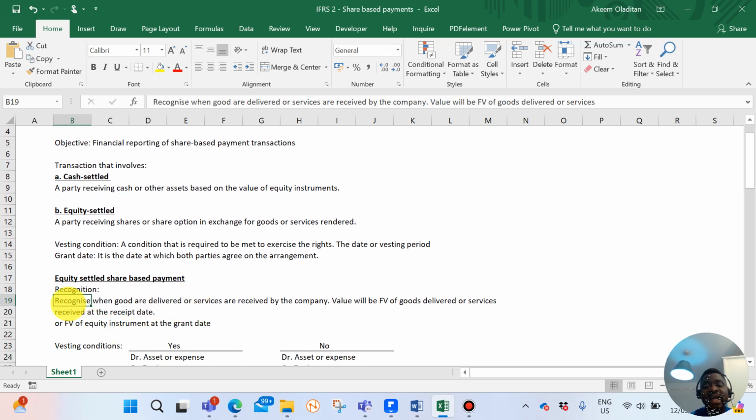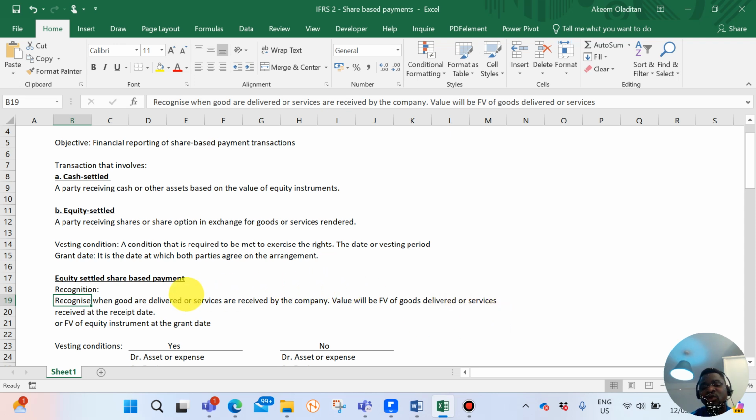So to recognize equity settled share-based payment, it is expected that at the point of making that arrangement, there will be a value attached to the goods that have been delivered, or services rendered, and that value is expected to be the fair value of the goods or services.